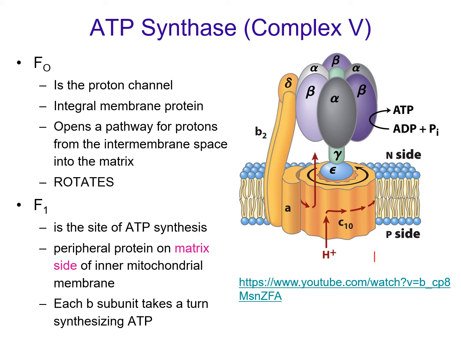And the P side, we spent a lot of time with complex 1, 2, 3, and 4 creating a proton gradient, or more protons on the P side, and fewer protons on the inside. And so those protons, if they have any chance to, are going to pump themselves back into the matrix side because there are fewer protons over there, and that's just osmosis.